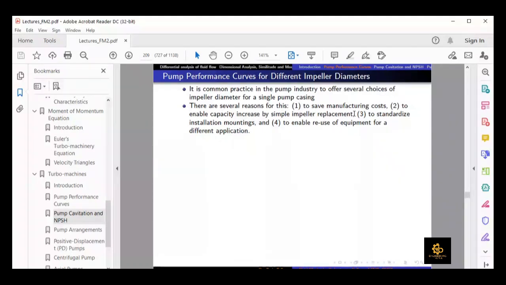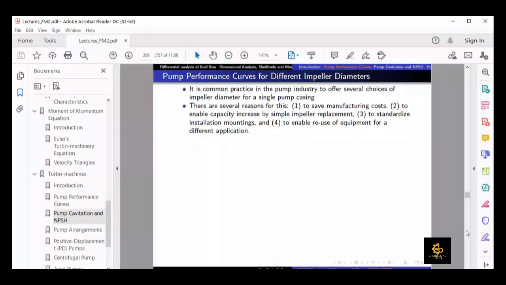So if we want to increase the capacity, we can simply take out the low diameter impeller and put in the higher diameter impeller, and the installation and mounting are the same for a particular pump, so we can reuse the equipment for different applications.